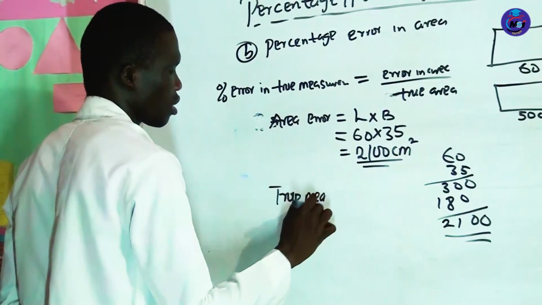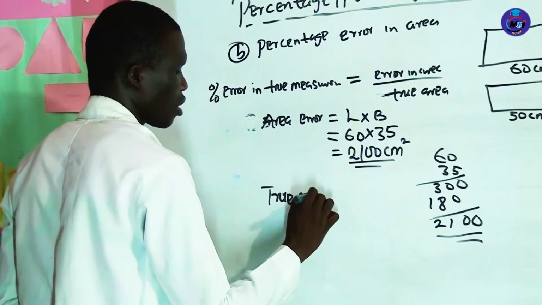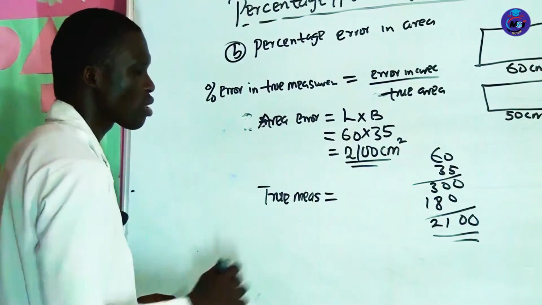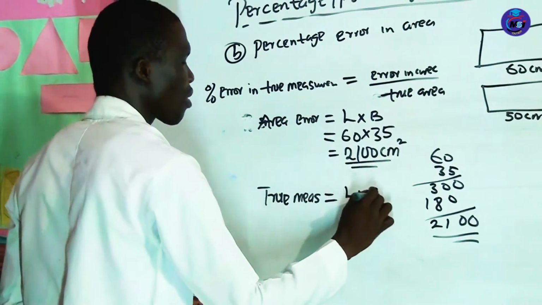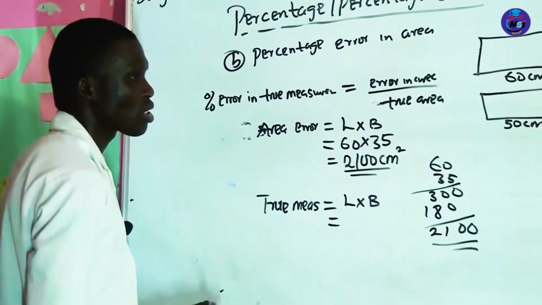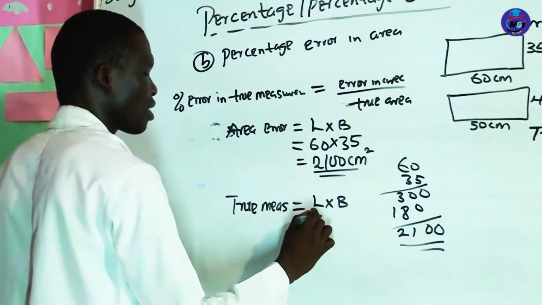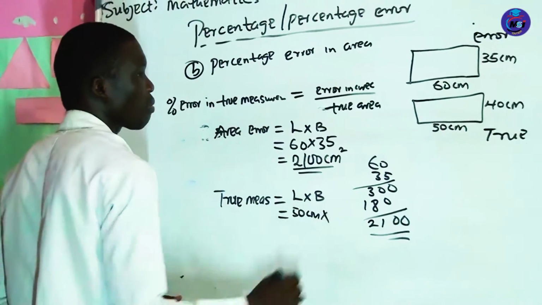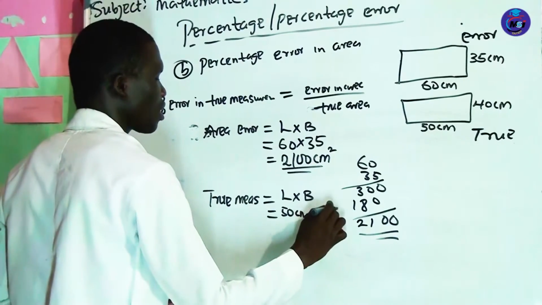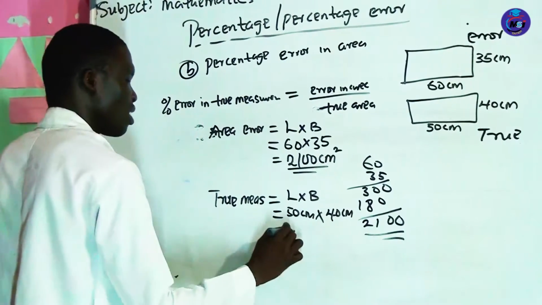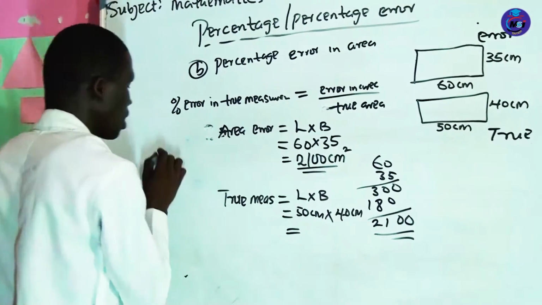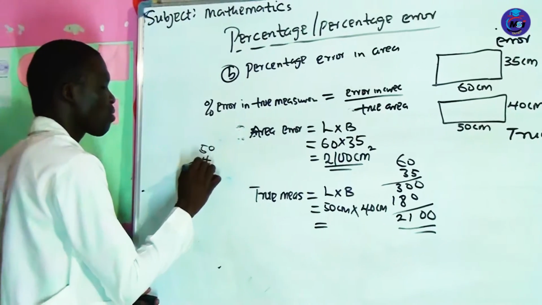Now, for true measurement, true measurement will give us length times breadth, which will give us length 50 centimeter multiplied by breadth 40 centimeter. Okay, this will give us 50 times 40.